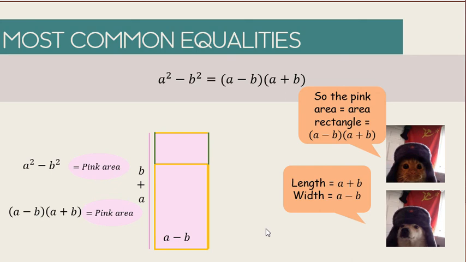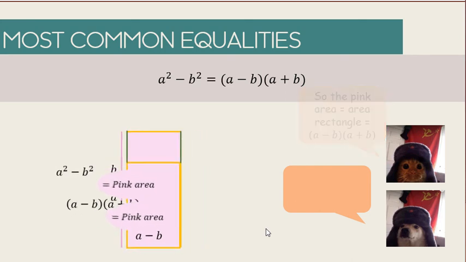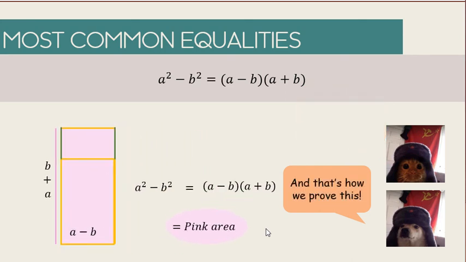The second method has the answer of the right-hand side. But the answer is unique. The pink area is unique, so both sides must represent the same thing. Both sides must represent the same pink area. That's why we know that both sides must be equal to each other. So a squared minus b squared must be equal to a minus b times a plus b, because they are both equal to the pink area. And that's how we prove it.